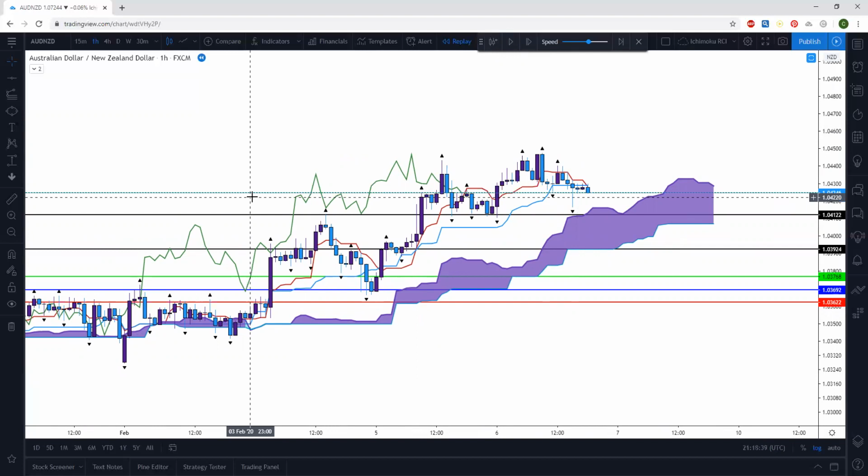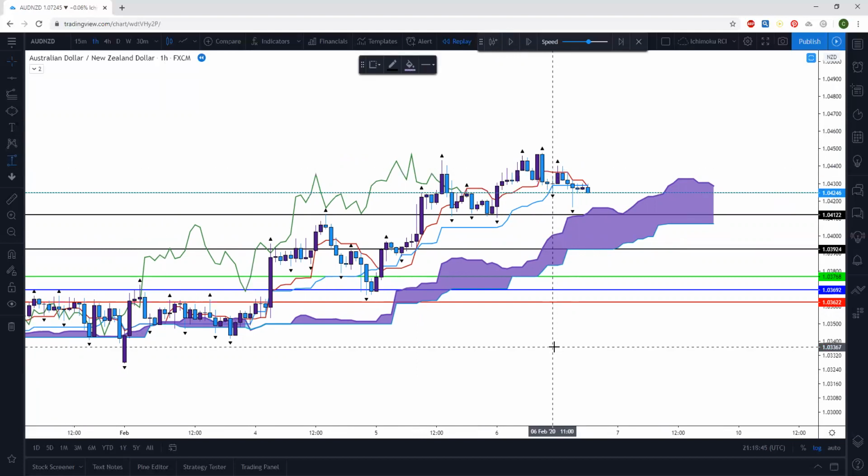I know it's a weak signal, but we have a bearish TK cross right there. Not only that, the cloud is starting to angle down. Kumo B has been flat, on the 1 hour, for quite some time now.